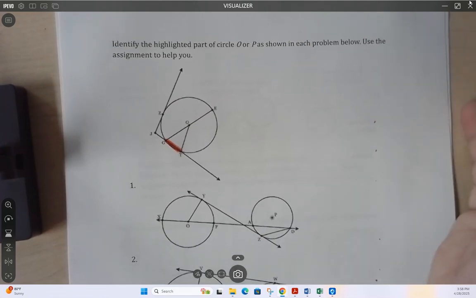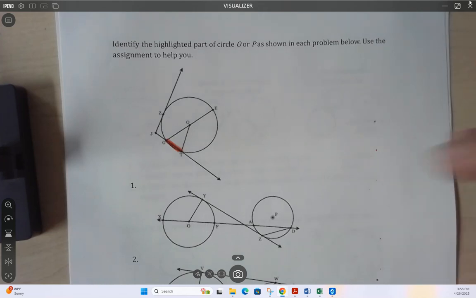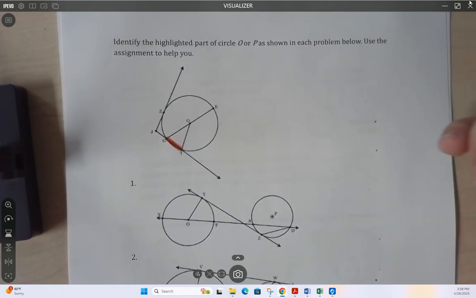And it does say to use the assignment to help you, so if you are looking at the assignment while trying to watch this video, or if you have peeked ahead at the assignment, you can use the videos and the help tools to help you. But ideally, you're watching this.